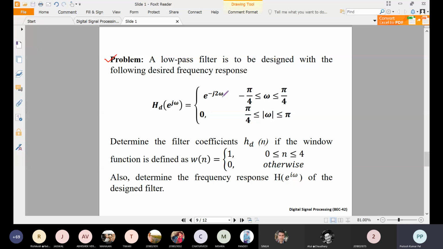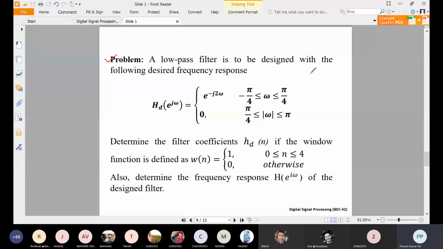Okay, so this is the given frequency response, where omega ranges from minus pi by 4 to pi by 4 and has some magnitude that is not 0. So for the frequency, we can plot its magnitude response, or you can say the frequency response. The frequency response is given, so we will be plotting it.